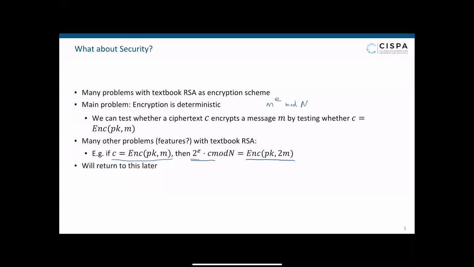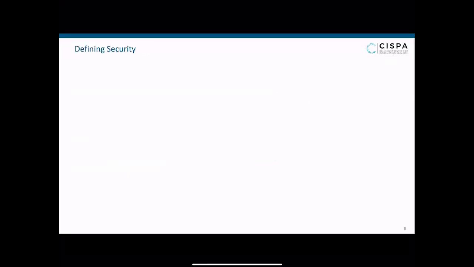Good, and maybe, let's see if we have time, we will return to this later. But now, since we've seen this first example of the, let's say, first ever published public key encryption scheme, let's look into defining security for public key encryption.